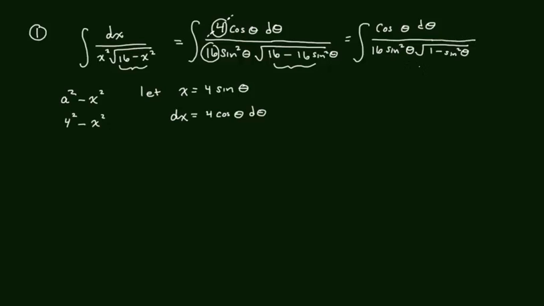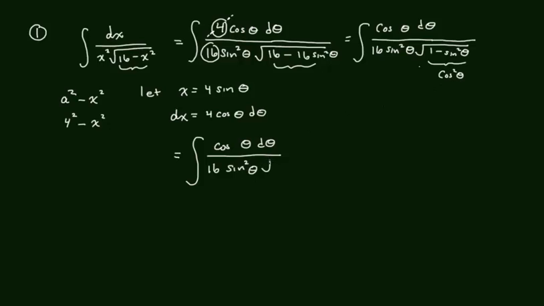In all these problems it's similar. The part under the radical can be substituted with an identity. So let's see, cosine theta d theta on the top, 16 sine squared theta on the bottom. But inside here, this is really the cosine squared of theta.